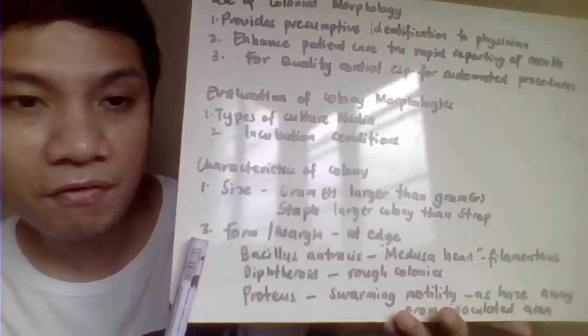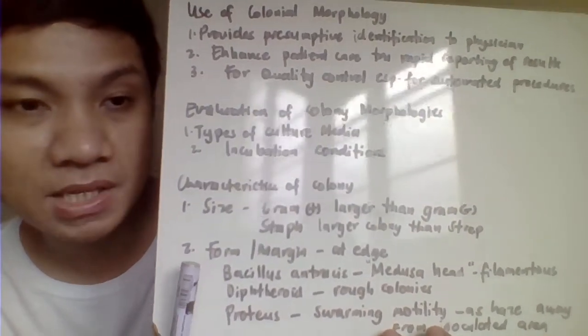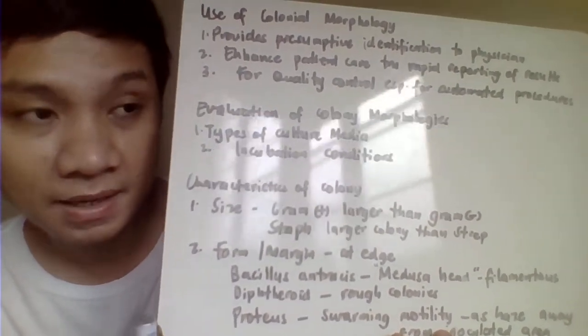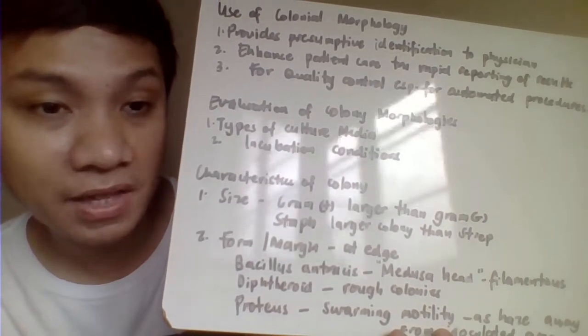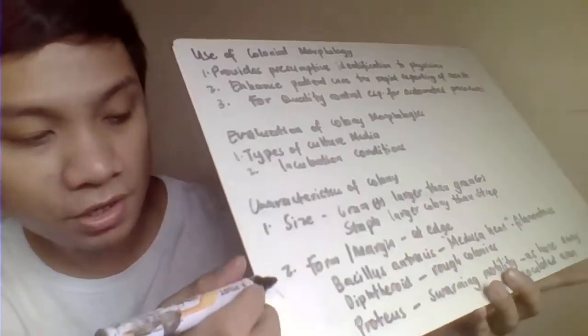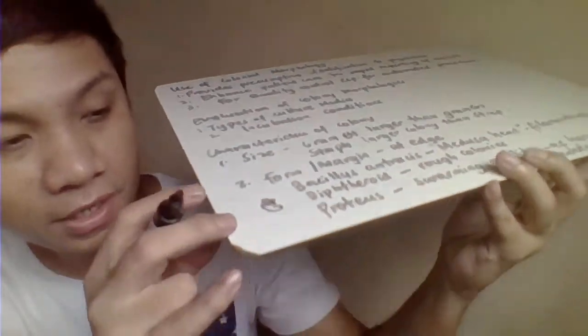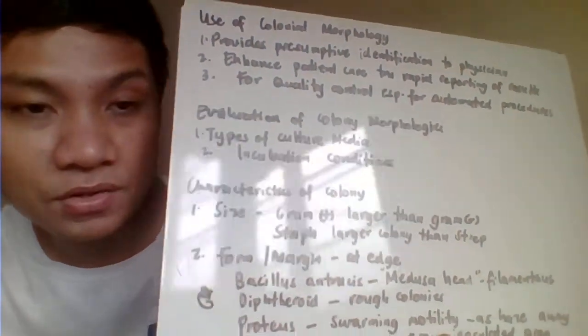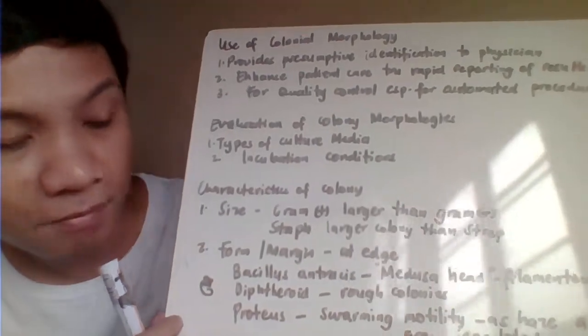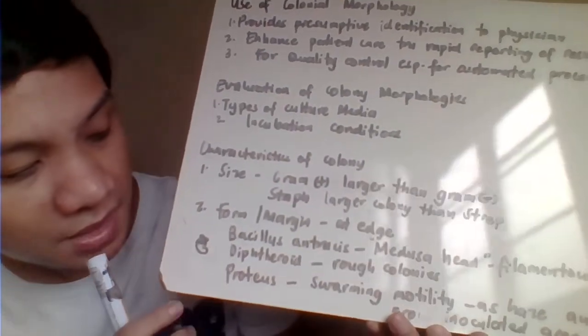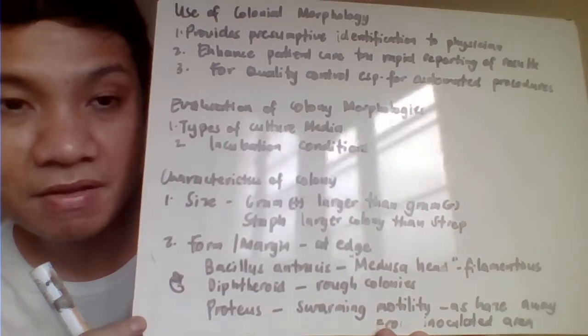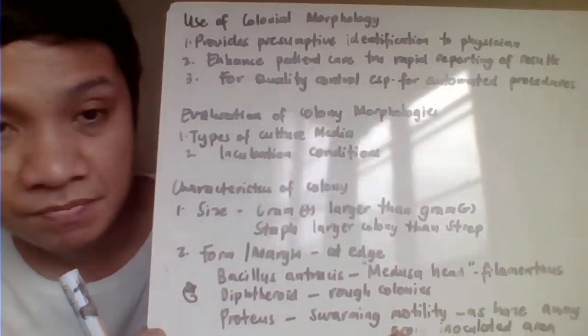Another one is the form of the margin. The form of the margin is determined by observing the edge of the colony. That would allow you to identify the edge, and that becomes the form or the margin. Based on that, we could have different margins to report.